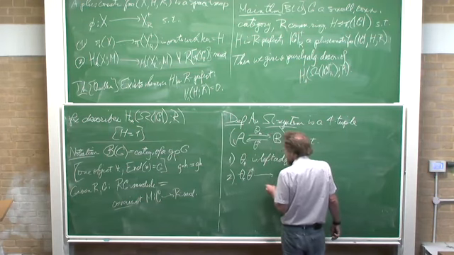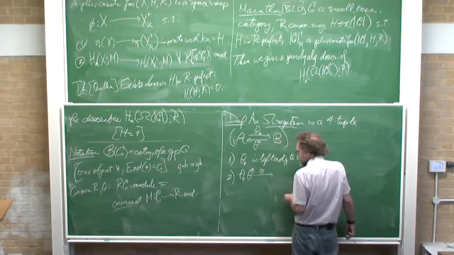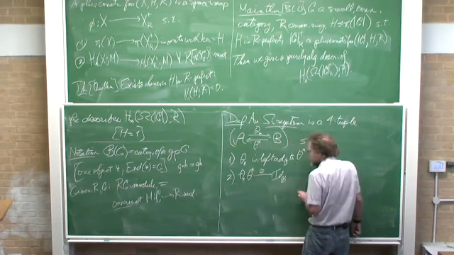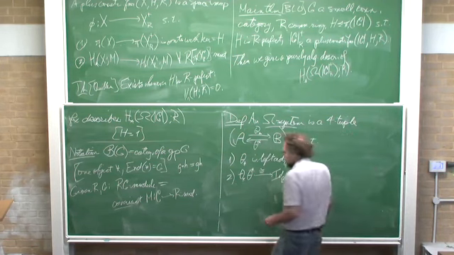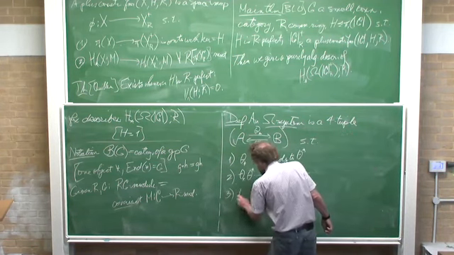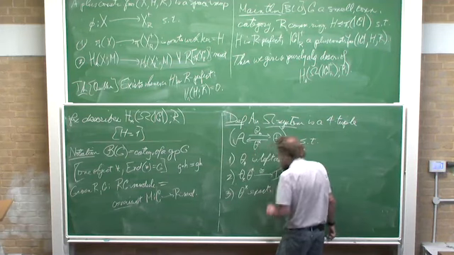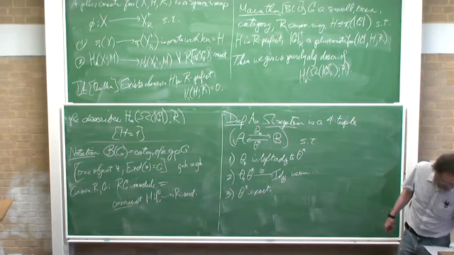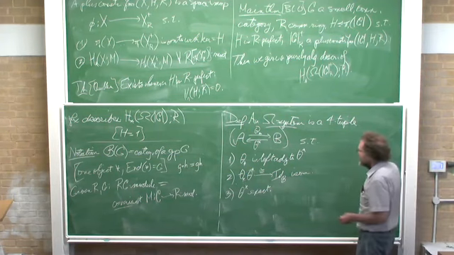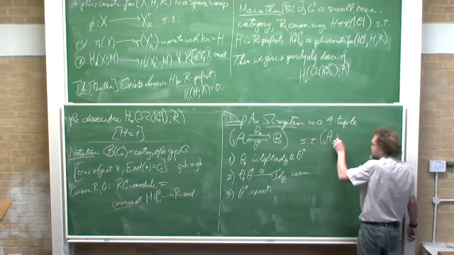So technically, the natural map from this to identity on B is an isomorphism. And then thirdly, theta upper star is an exact functor. Oh, I forgot to say that A and B are abelian categories.